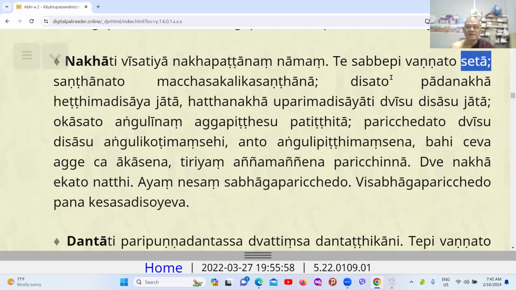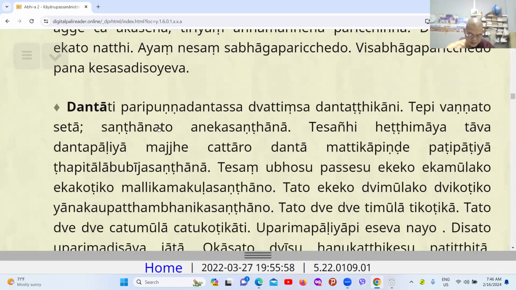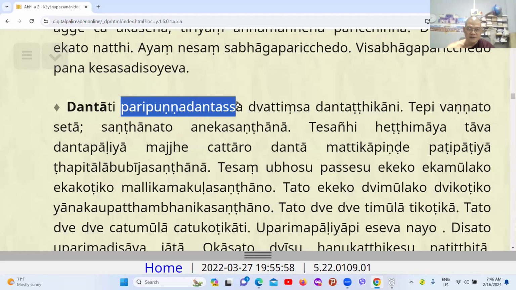Even though the commentator said the color of the nail is white, it is not actually white. Even my nail now is not white, you see, it tends to be pink. So he said all have white color, which is not really correct, but we have to classify by ourselves.